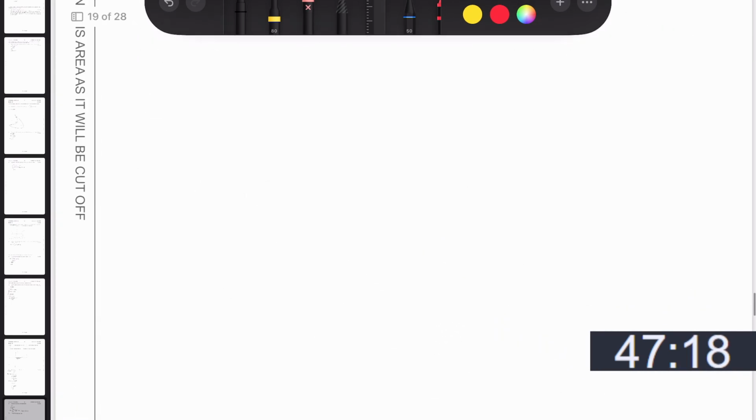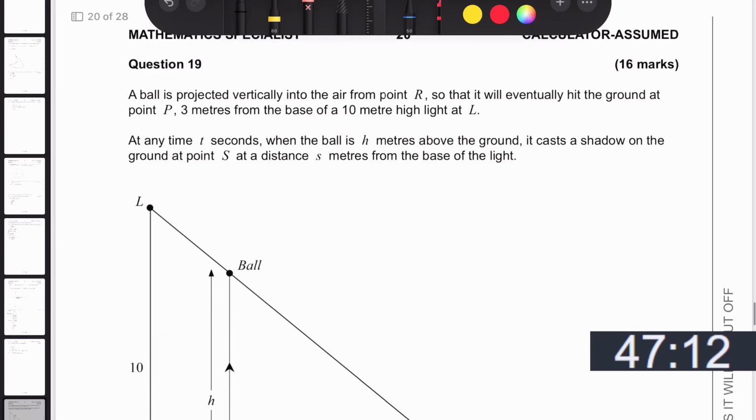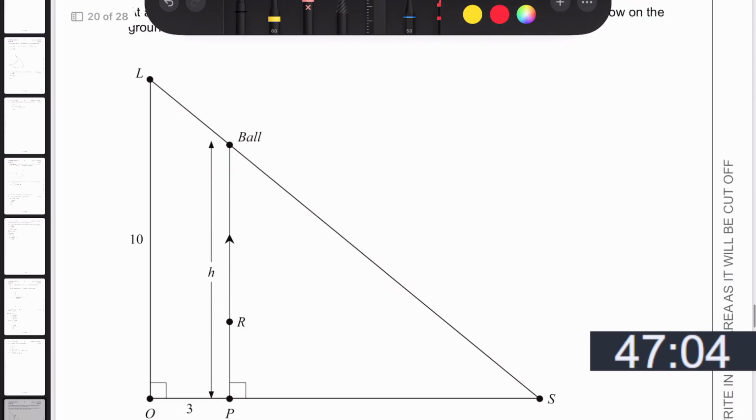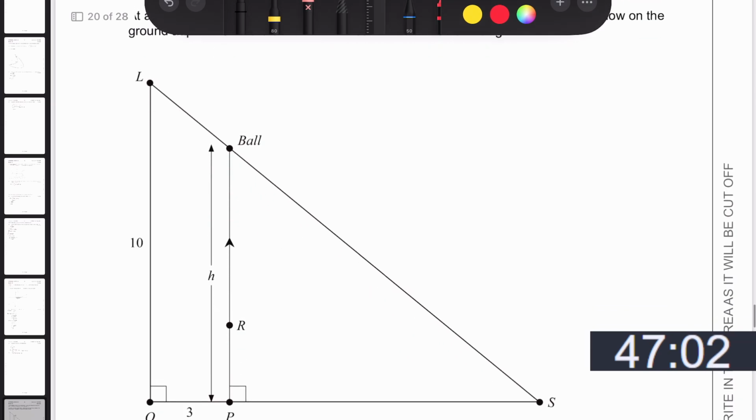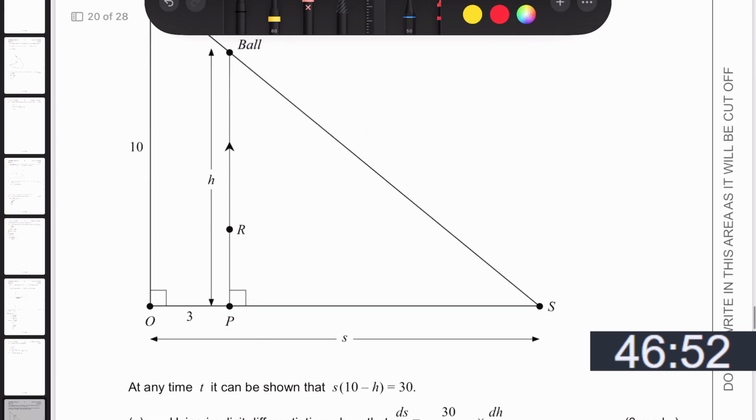Okay. 20. A ball is projected vertically into the air from a point R so that it eventually hits the ground at point P, 3 meters from the base of a 10-meter high light at L. So it eventually hit the ground at point P. What's point P?